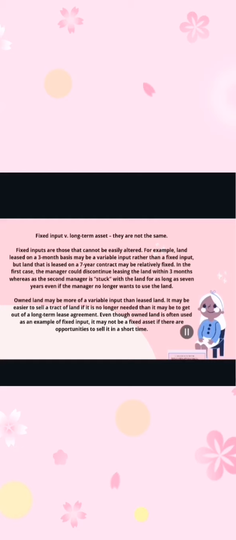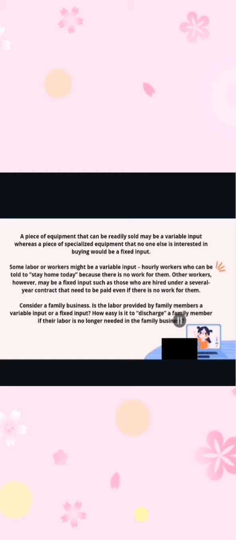Even though owned land is often used as an example of a fixed input, it may not be a fixed asset if there are opportunities to sell it in a short time. A piece of equipment that can be readily sold may be a variable input, whereas a piece of specialized equipment that no one else is interested in buying will be a fixed input.